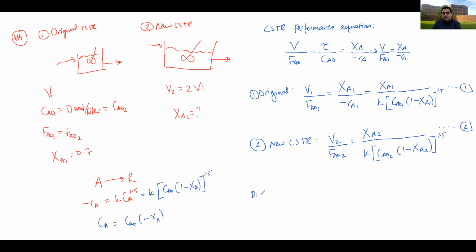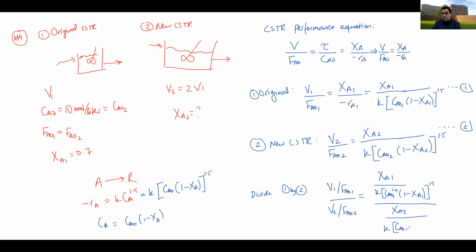Now I'm going to divide 1 by 2. On the left hand side, I get V1 over FA0,1 over V2 over FA0,2, which is equal to XA1 over k CA0,1 to the 1.5 times 1 minus XA1 to the 1.5, divided by XA2 over k CA0,2 to the 1.5 times 1 minus XA2 to the 1.5.